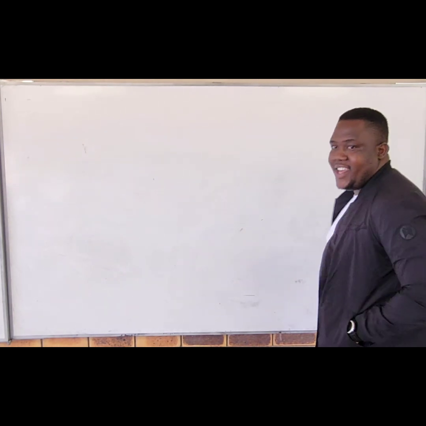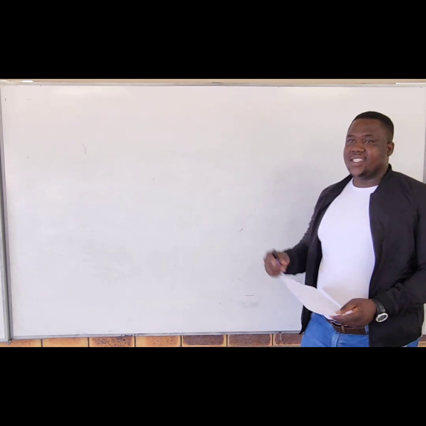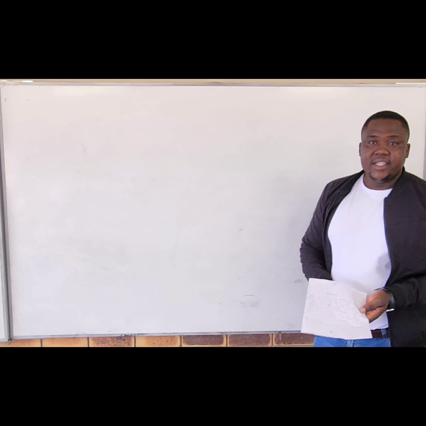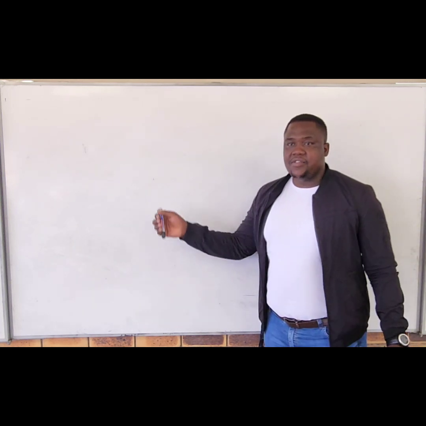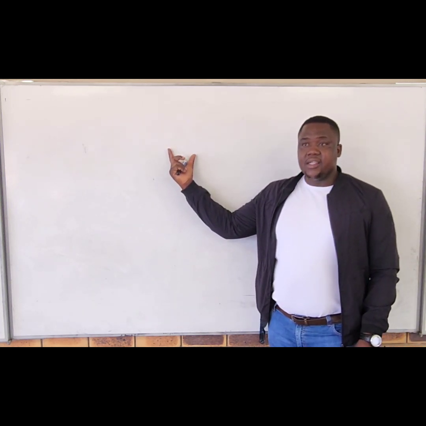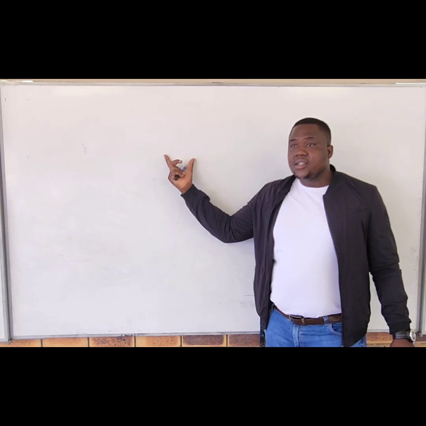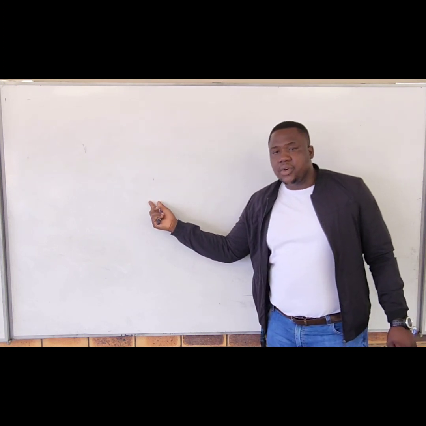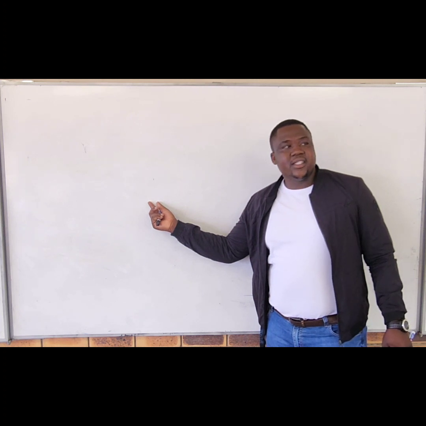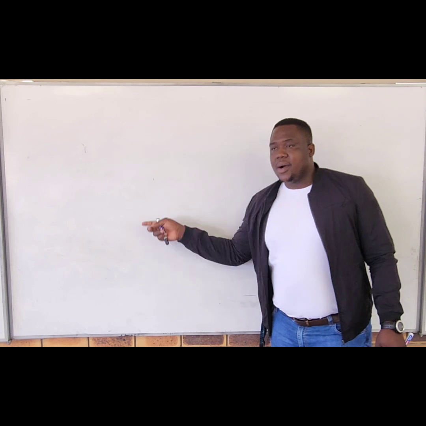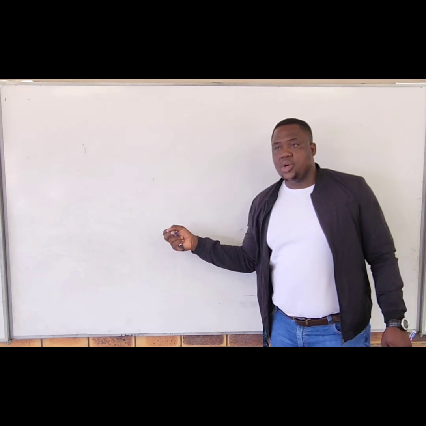Okay, ladies and gentlemen, we are continuing. I was just explaining how EMF works. I told you that if a battery can supply 20 volt and it is written on it 20 volt, it does not mean that in that circuit we're going to have 20 volt. Some of the energy is going to be lost in the form of heat.